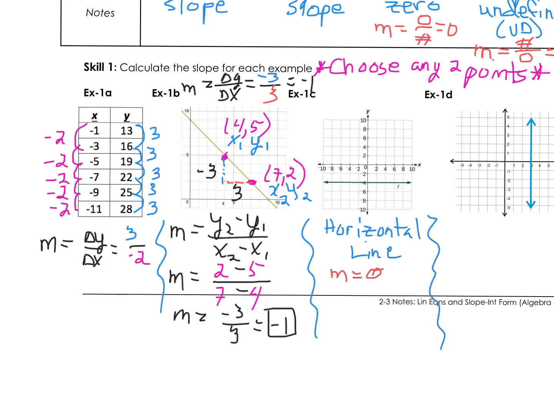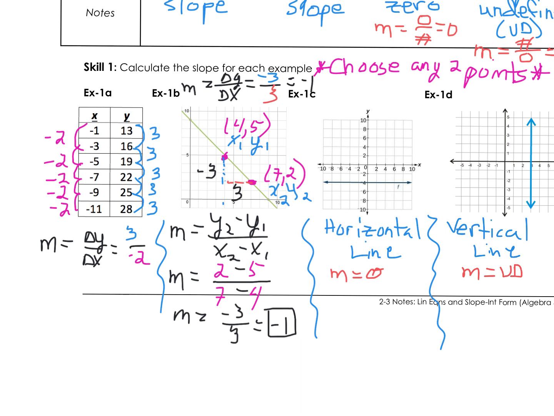And then the next line, this line right here, is a vertical line. So the connection you should be making with a vertical line is that its slope is undefined. Okay? Undefined.